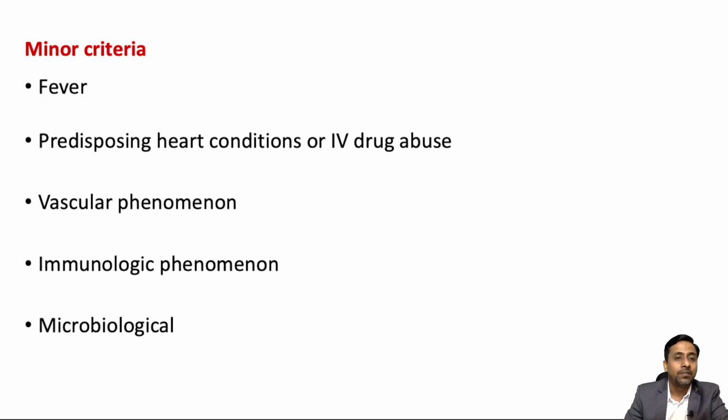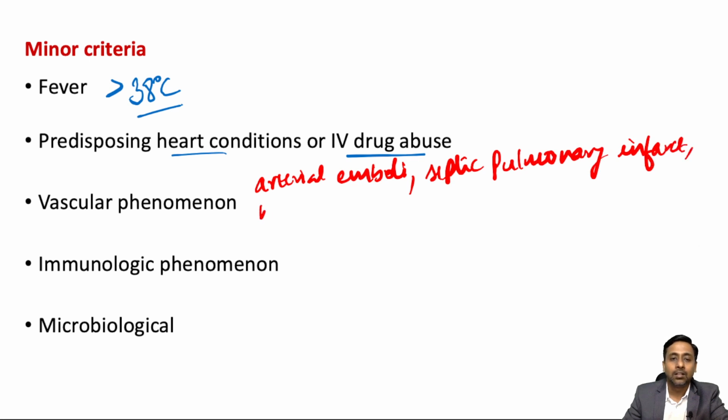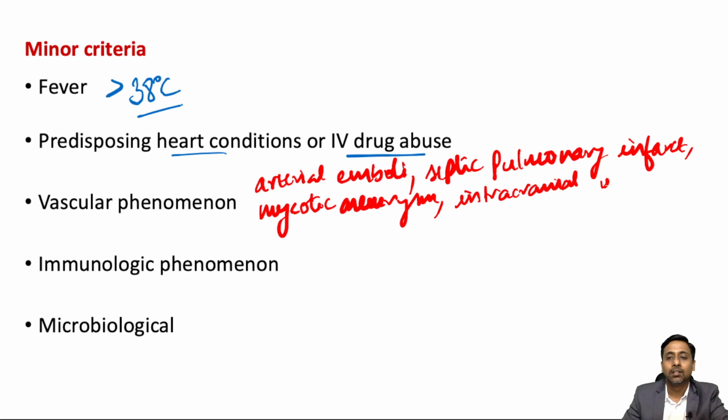So the minor criteria are fever more than 38 degrees Celsius, predisposing heart conditions or IV drug abuse, and vascular phenomena such as arterial emboli or septic pulmonary infarct, or mycotic aneurysm, or intracranial or conjunctival hemorrhage.